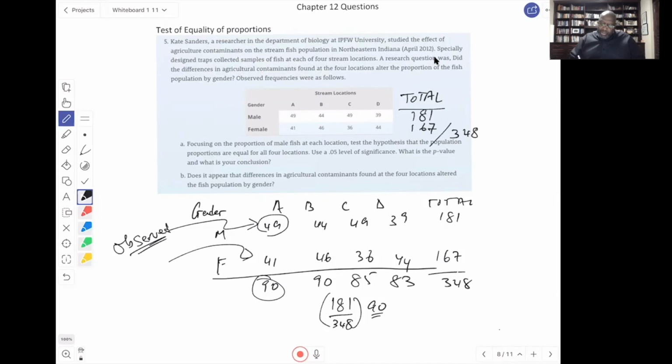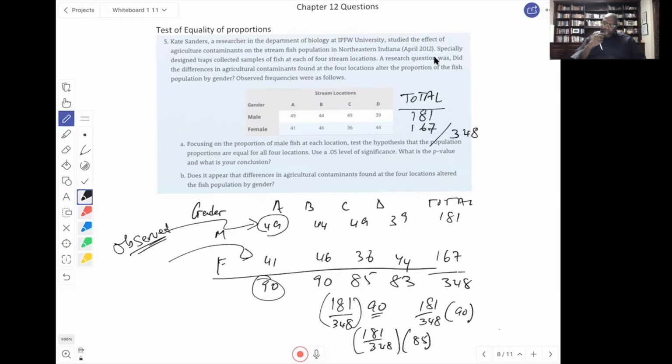If I repeat that for the next one, for B, 181 over 348 multiplied by 90 again, and I repeat it again, it would be 181 over 348 multiplied by 85. So that would give me the expected number of fish for each of those locations, right? Because what I've done is I've averaged out all the locations to give me 181 over 348, and now I'm multiplying the samples from each location by that proportion to get my expectation.